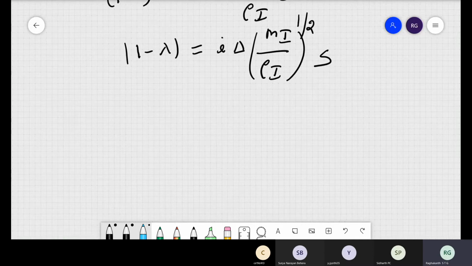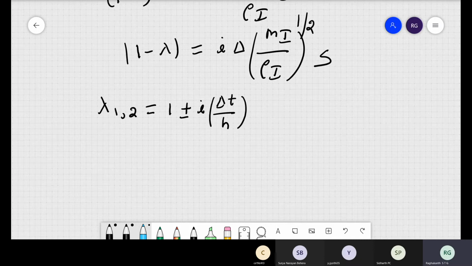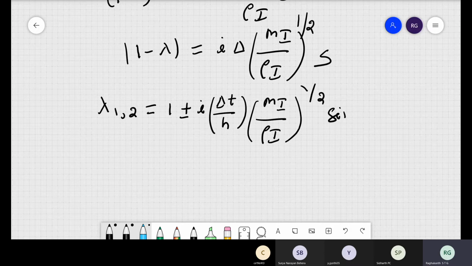So the eigenvalues lambda 1, 2 are 1 plus or minus i delta t by h times mu by rho whole to the power of half sine kh. You have substituted everything. So these are the eigenvalues.